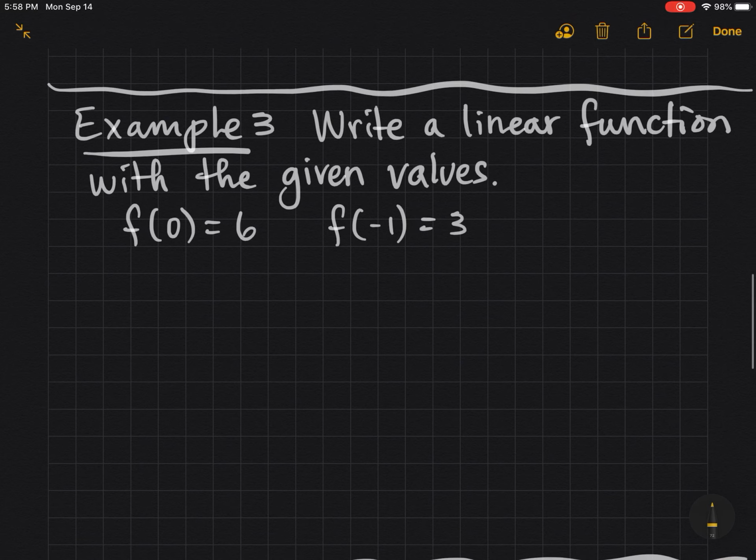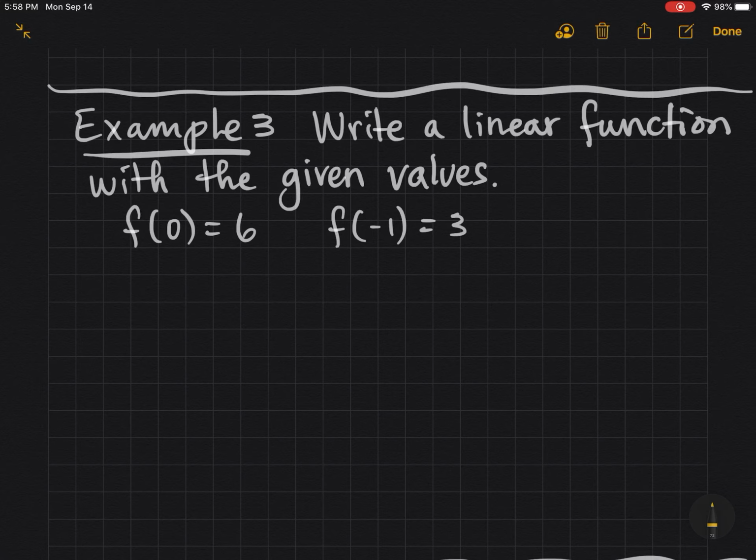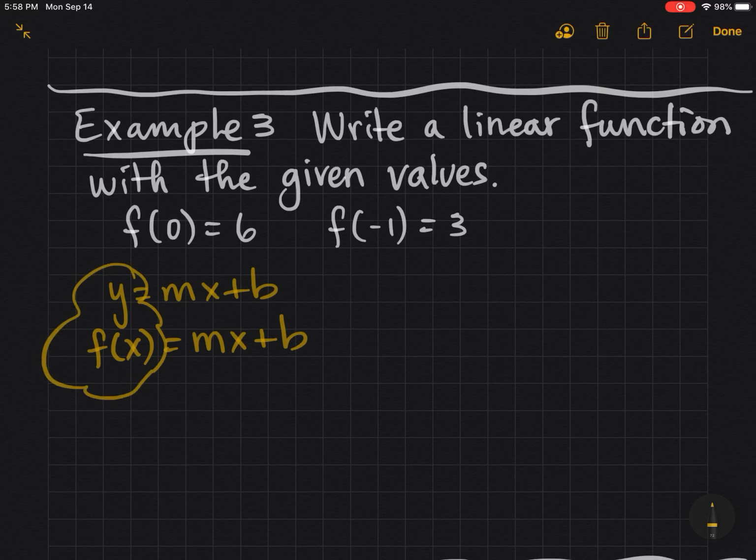Example 3. Write a linear function with the given values. I would like to jog your memory from algebra. Sometimes equations are written like y equals mx plus b, but we also have function notation, f of x equals mx plus b. This means exactly the same thing. So these are interchangeable, or we could even say f of x equals y, or y equals f of x.